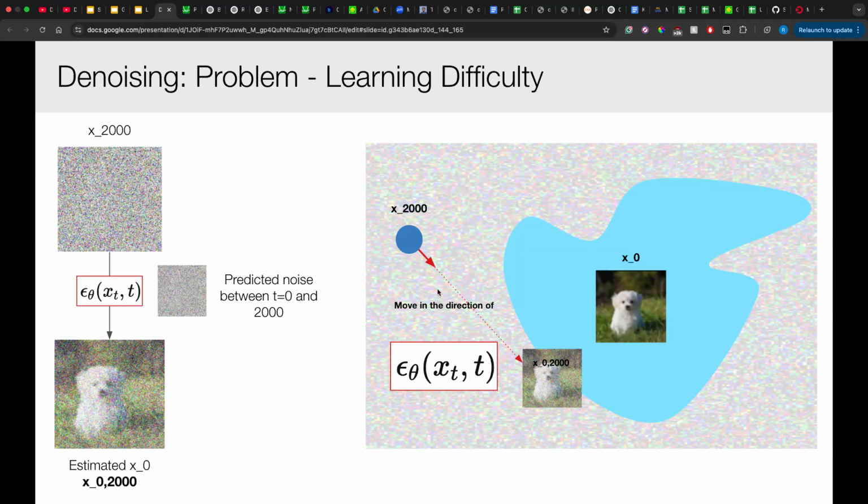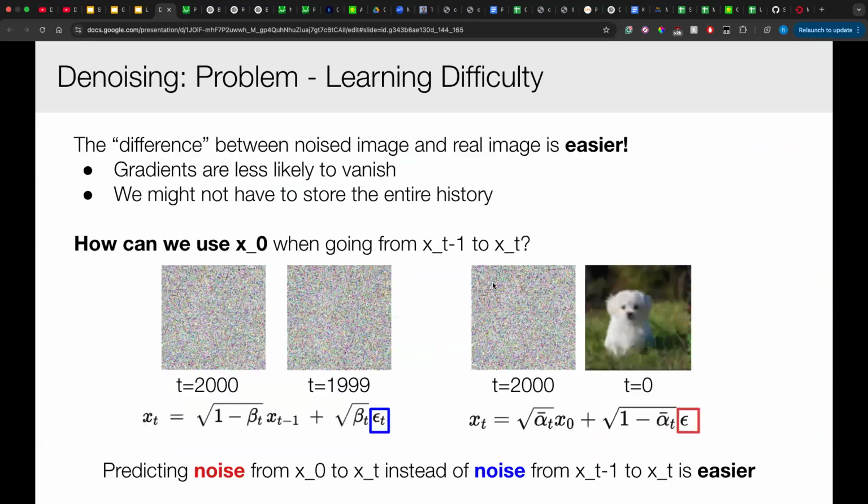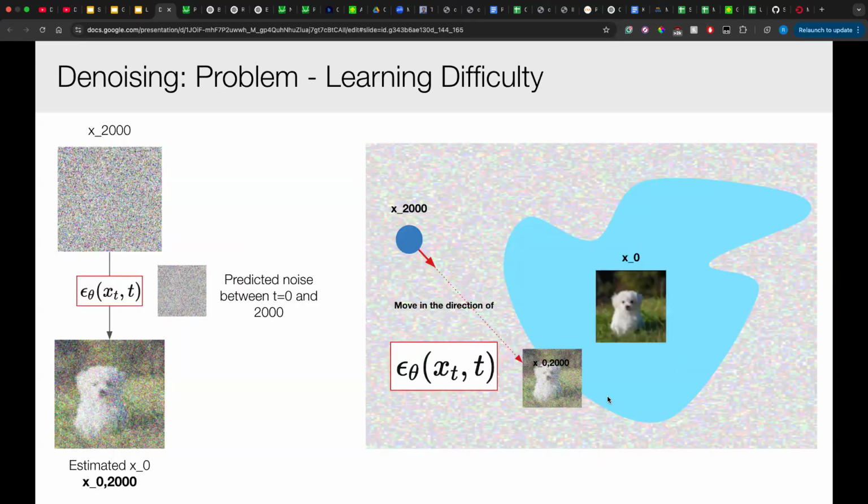However, during training, because we still had those non-diminishing gradients, we'll learn something that resembles something in the image space. It might not actually look like the original dog, because we're trying to estimate what x0 is from t equals 2000. It might not be the best estimate, but it's still in the right direction. It's not pointing in some random zone in noise, but we're guaranteed to at least move in the generally correct direction.